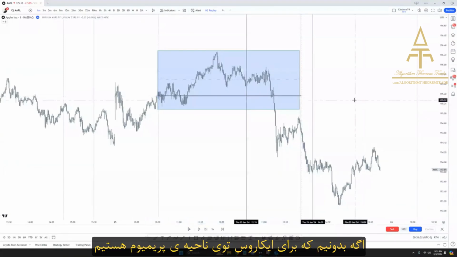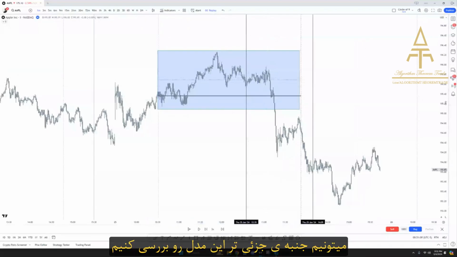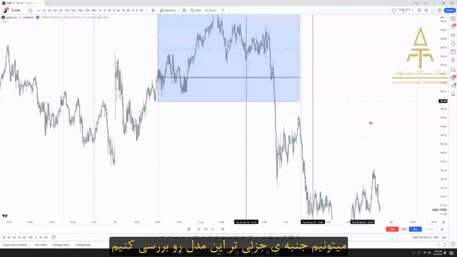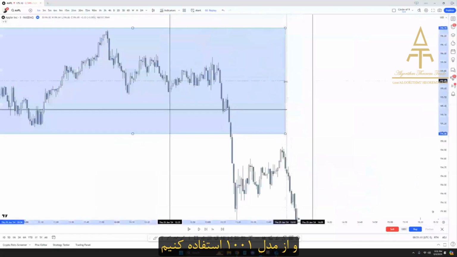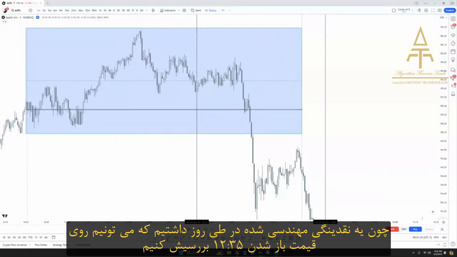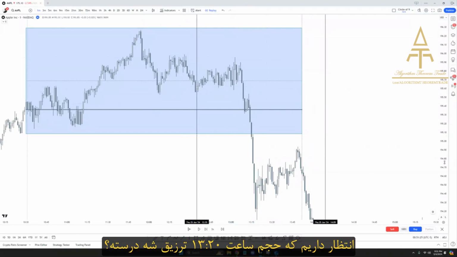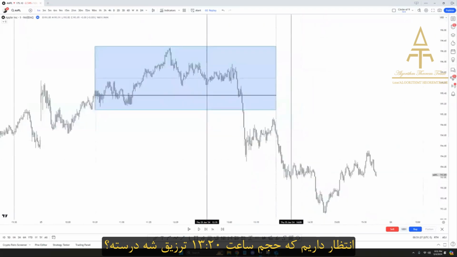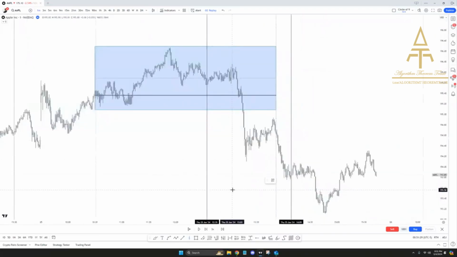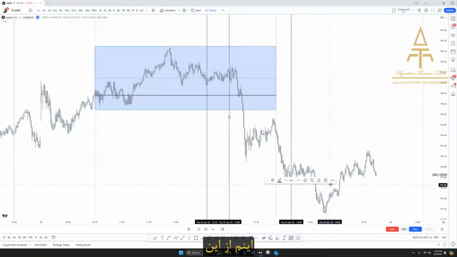If we understand that we're in premium for Icarus, we can then look to the more granular aspect of this and use Model 1001 because we saw engineered liquidity throughout the day. Then we can look at 1235 opening price, short above here. And we're expecting volatility at 1320, right? Or 13 for Model 1001. There it is.